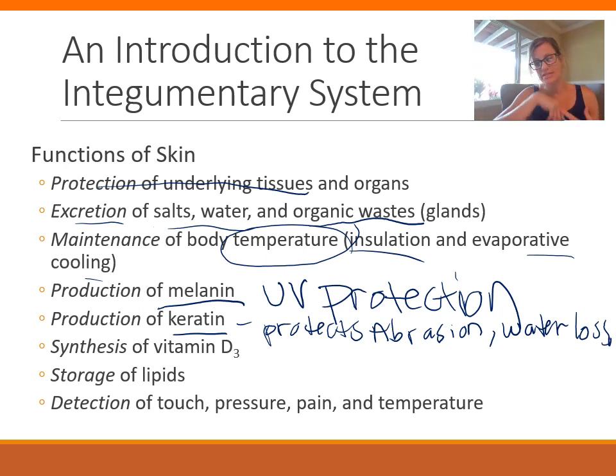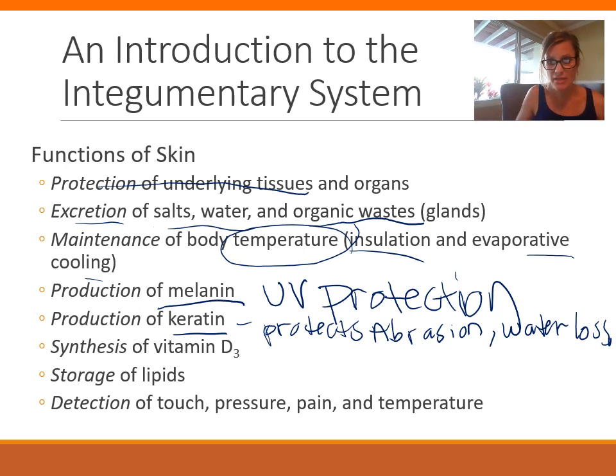Keratin is water resistant, so water doesn't want to cross it. That's one of the reasons why the skin is such a good barrier, why we're able to keep all of this water inside our body without it easily evaporating. That's because the skin has a ton of keratin.